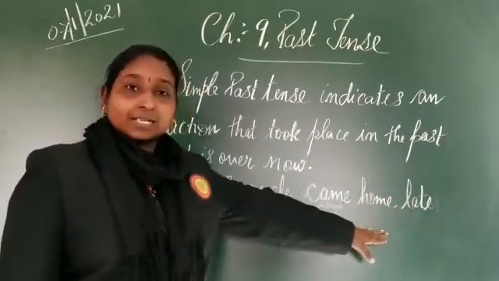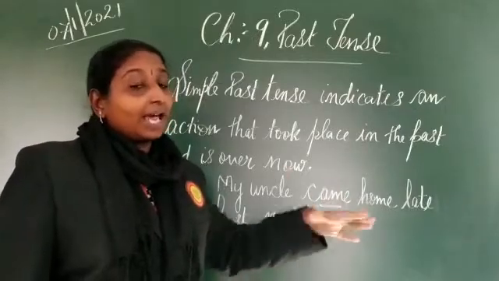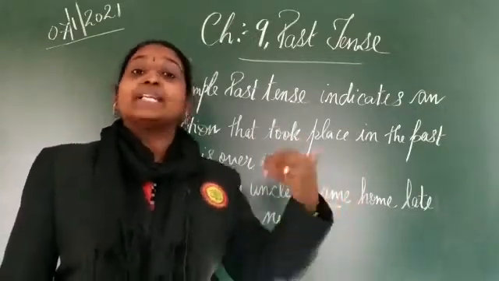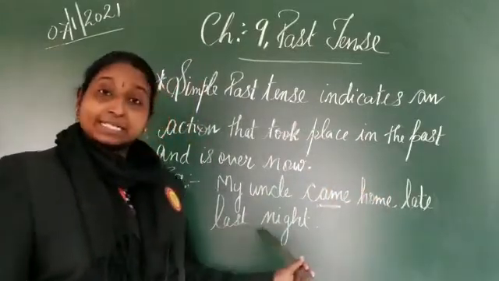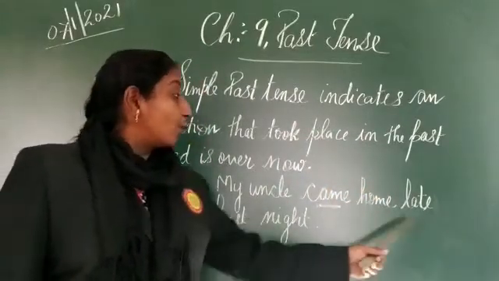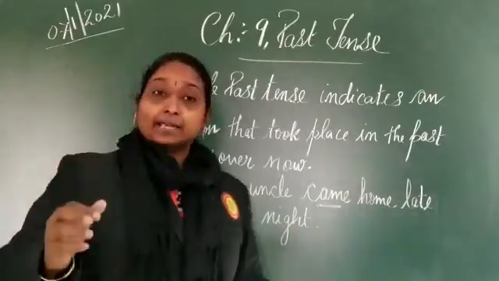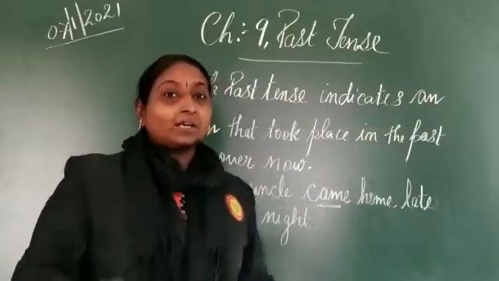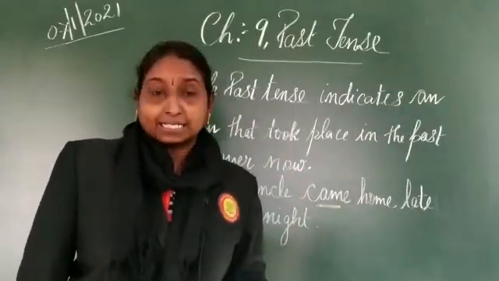The word came tells us that the action has already happened. The full sentence is: my uncle came home late last night. The person is telling that her uncle came late last night. So that indicates a simple past tense.